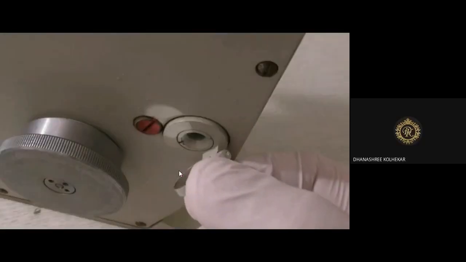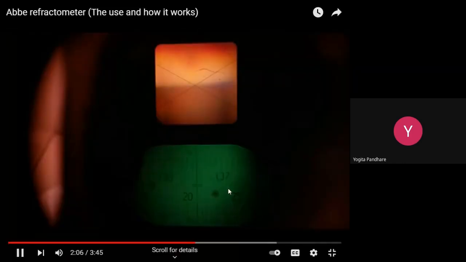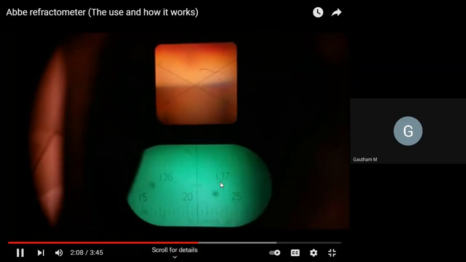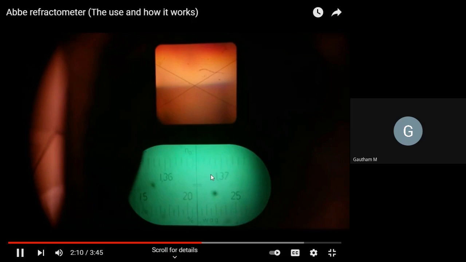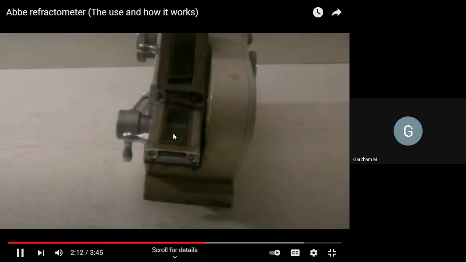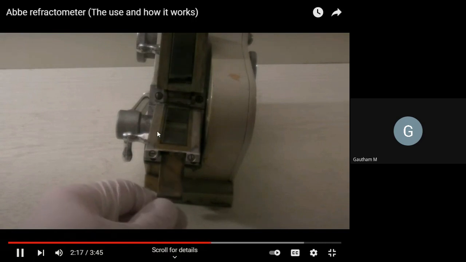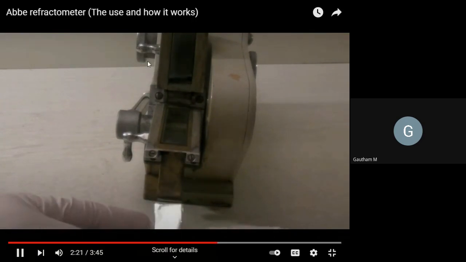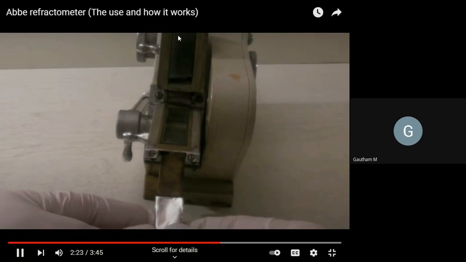Yes, sir. There is an opening for adjusting the reading also. This is the sample holder. The refracting prism is at the bottom, and the other one is on the top part.